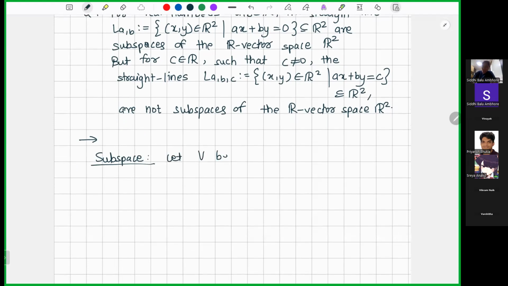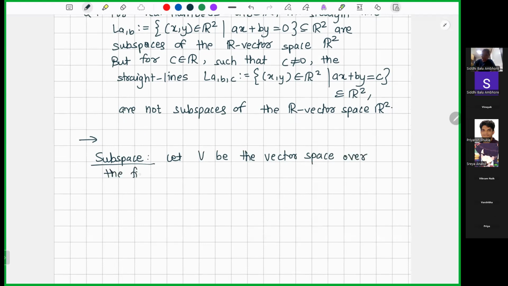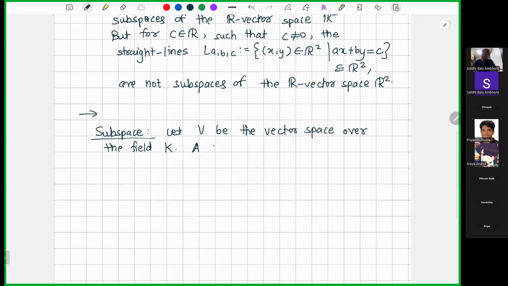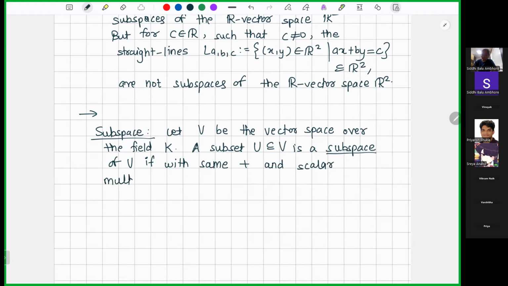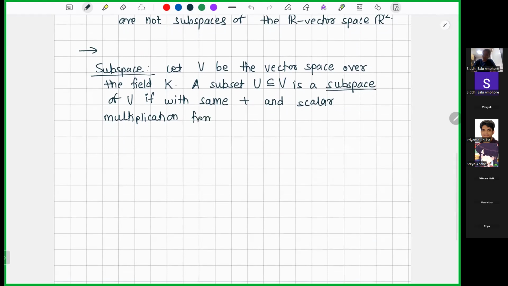Let V be a vector space over the field K, and a subset U of V is a subspace of V if, with the same addition and scalar multiplication from V, U is a K vector space.